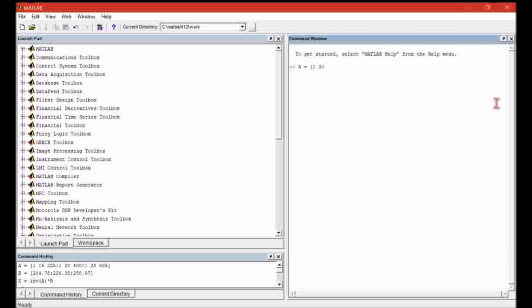So 1 space 20, and then we put a semicolon, and this will tell the program that the line breaks there, so it will start another line. We will put our next line, which is 1 space 25. The space is what signifies the first number and the second number. We will just close the bracket and press enter. So we have our first matrix.